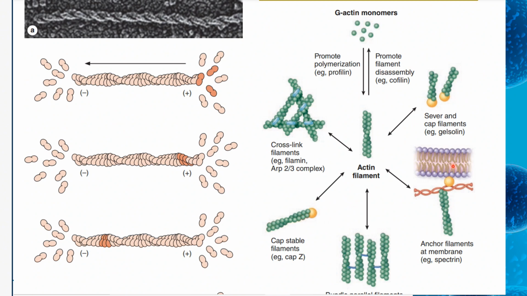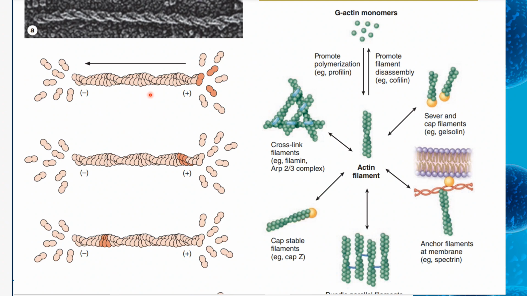So these are the different types of proteins which are derived from the actin protein, and this actin protein is basically formed from the G-actin monomers. These G-actin monomers polymerize to form the actin protofilaments.